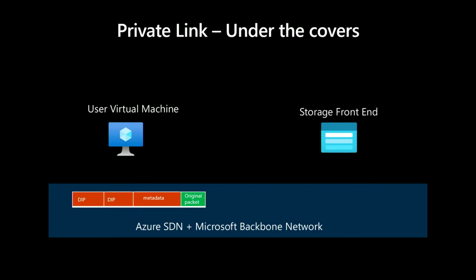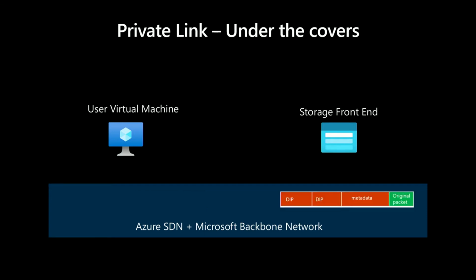So I have a unique routable IP for this VM, and I'm sending it to another unique routable IP on the storage side. I know how to route privately to this storage account. I add that as an encap, plus I add some more metadata about which VNet, what private link ID it is, and all that. The packet travels the backbone network, goes to the other side, right?